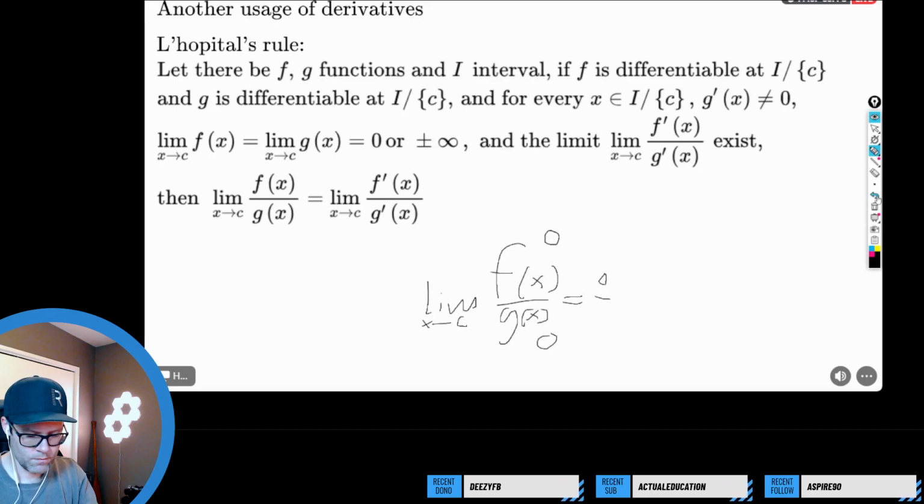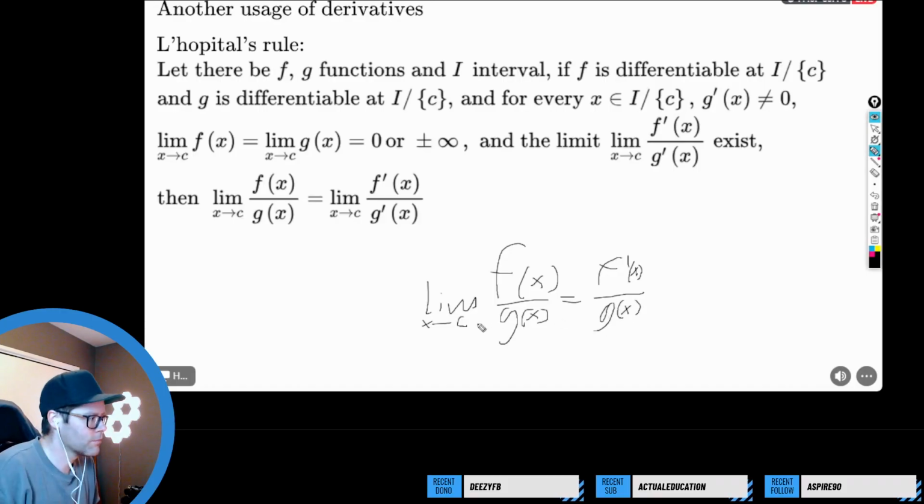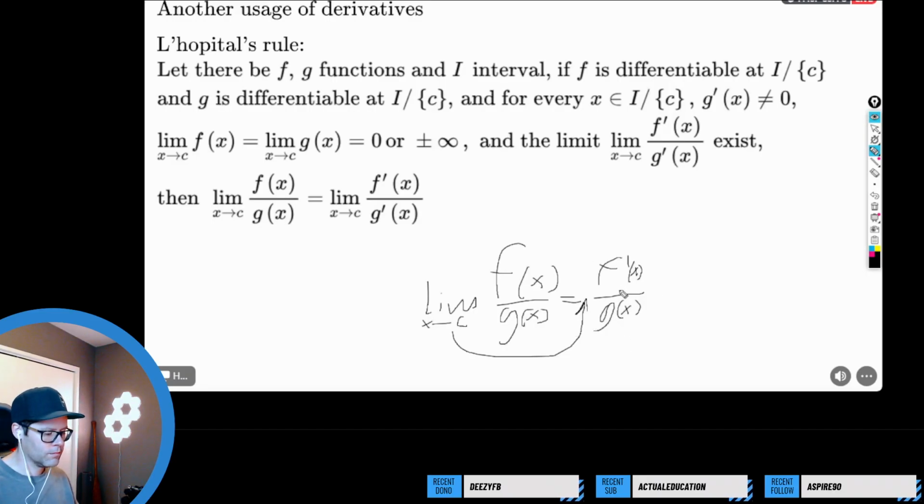So we can just find the derivative of both of them. The limit should still be here. And we can continue to do this again and again, as long as both of them are 0 divided by 0 or some variation of infinity.